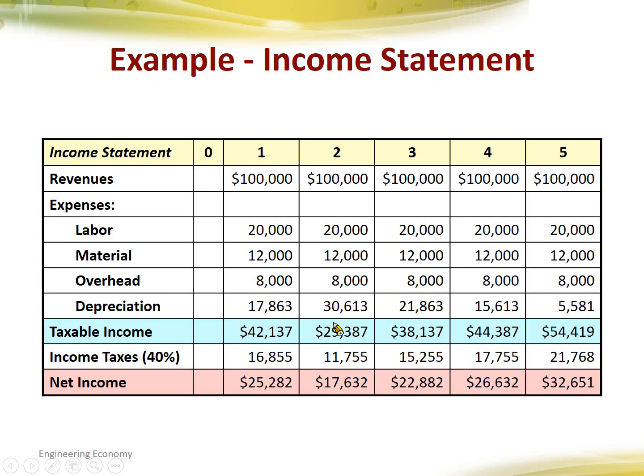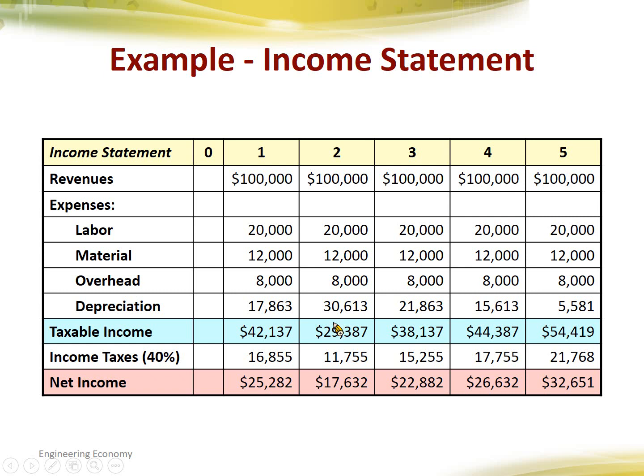And each of them will need to pay income tax, again, to simplify the computation. So this is how we come up with the income tax. And subtracting income tax from taxable income, we get net income. Okay, these are for operating activities.